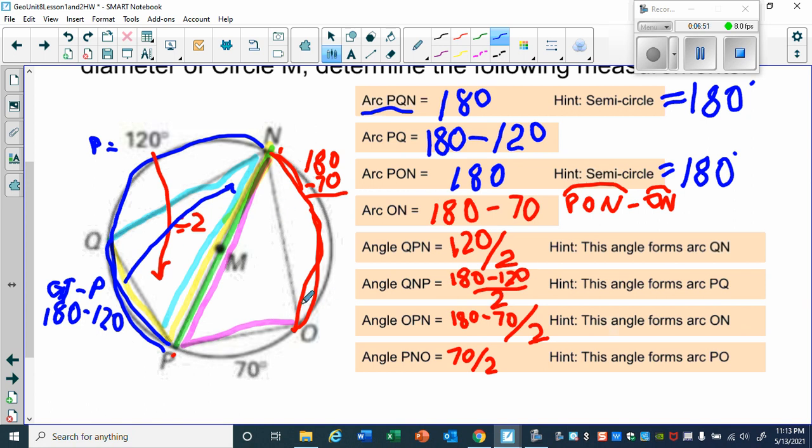And then the last one, OPN. OPN is here. On the arc, it would have to be 180 minus 70. Now to get that angle measure, just take your difference, which is arc ON, and divide by 2. And that's how you get your angle.